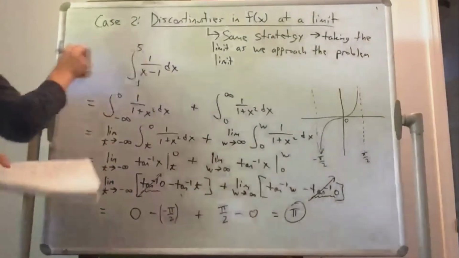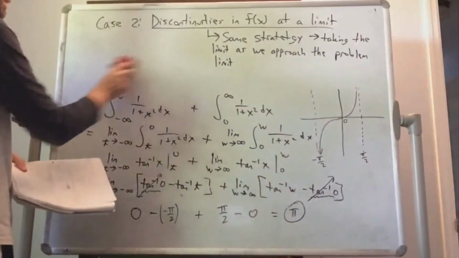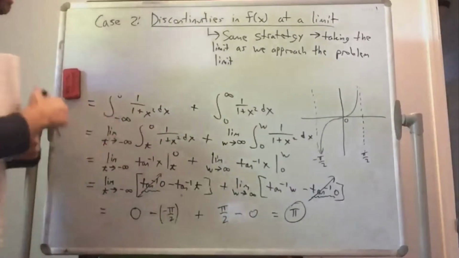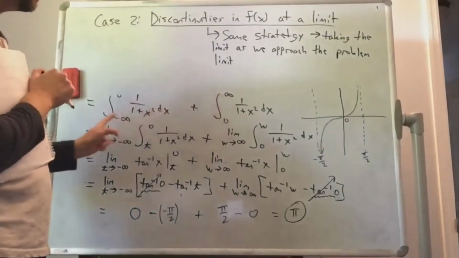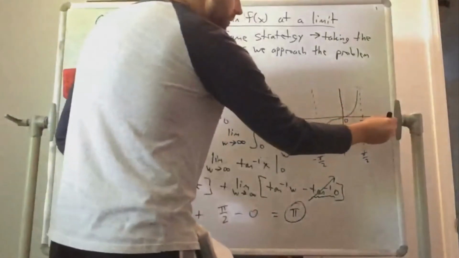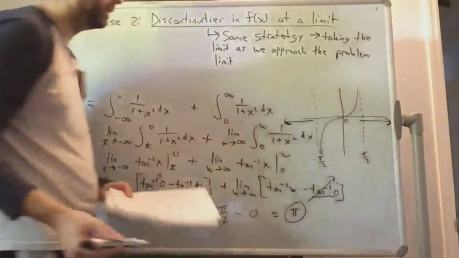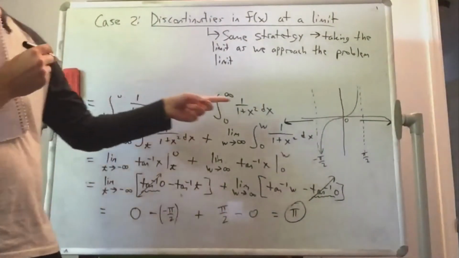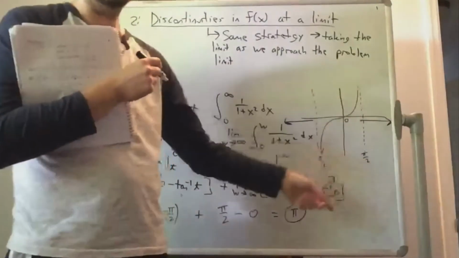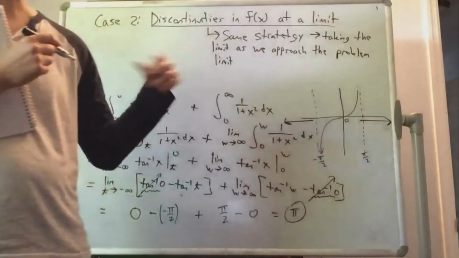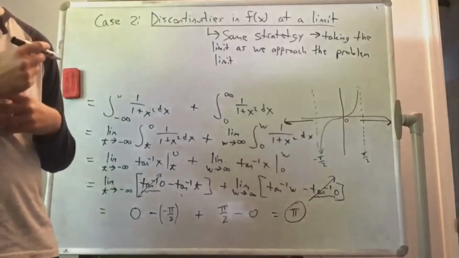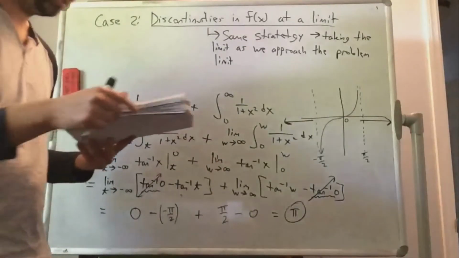The second reason it's harder is because in the infinite limit case, there's only one way to approach infinity or negative infinity, right? I'm going off to infinity or off to negative infinity. However, if I have to approach a problem spot at 1, I have to say which way I'm coming from. You have to go through those left and right limits that you learned about in Calc 1.